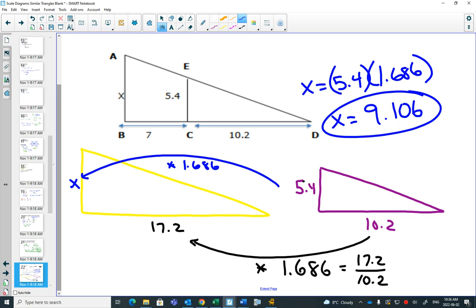So generally what we try to do in math is we try not to round until the very end. So I actually used all my decimal places from the 1.686. And sometimes when you got your answer here, I'll just show you. So let's say you got that answer.